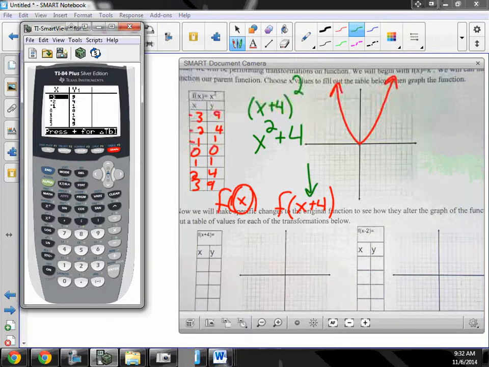This one is saying, change all of your x's by 4 and then plug that number into the function f. So which one of these is f of the quantity x plus 4?